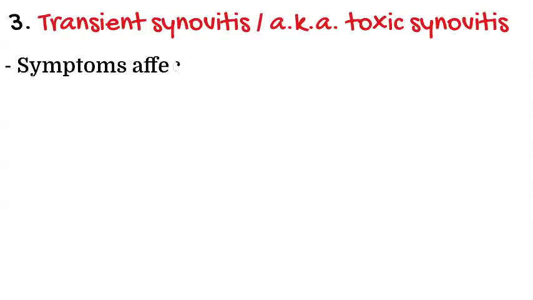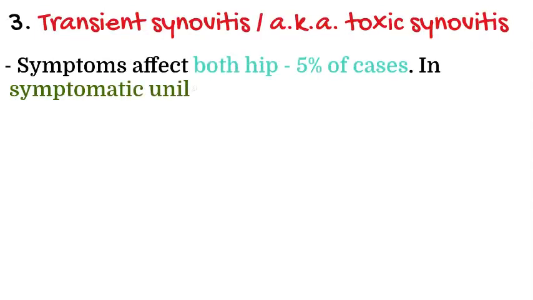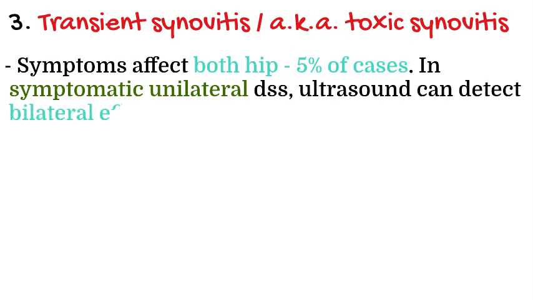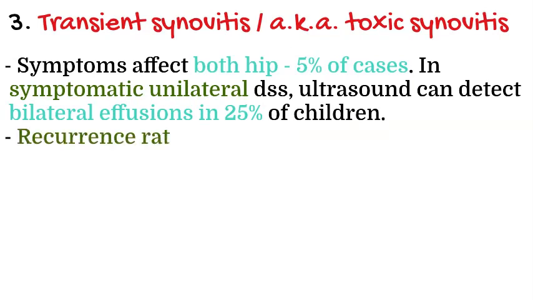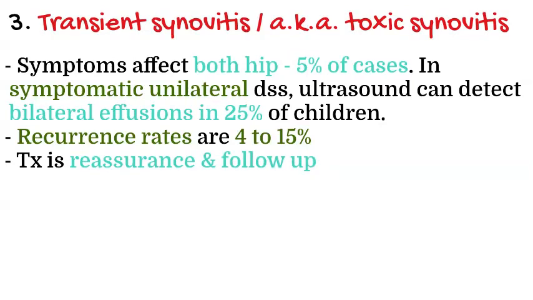Symptoms may affect both hips in around 5% of cases. In symptomatic unilateral disease, ultrasound can detect bilateral effusion in 25% of children. The recurrence rate is 4 to 15%.